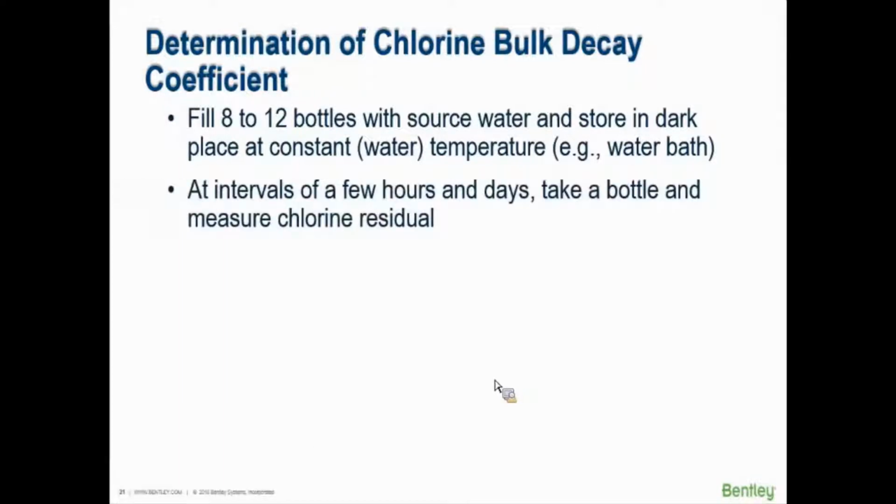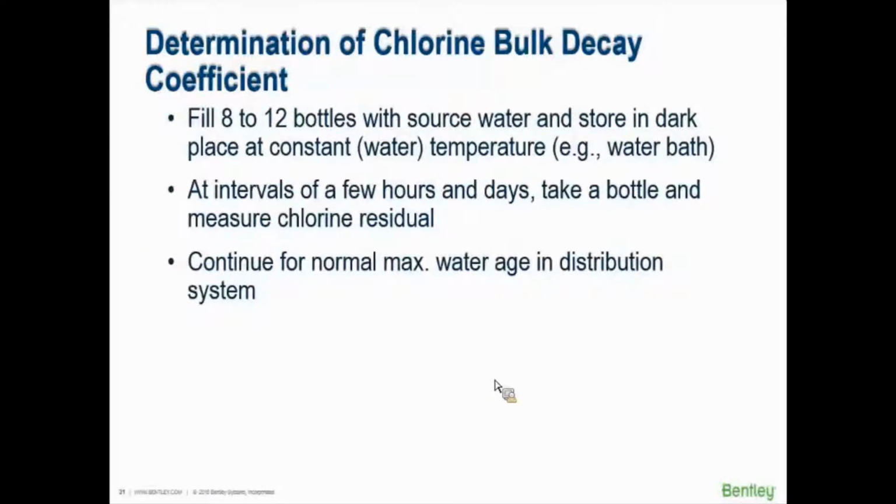And then at various intervals throughout the time period. Now, if you have a lab, this works out real easy to do. Every couple of hours, you would pull out a bottle and measure the chlorine residual. You continue to do this till you've reached the typical water age in your system, and you're still measuring the chlorine.